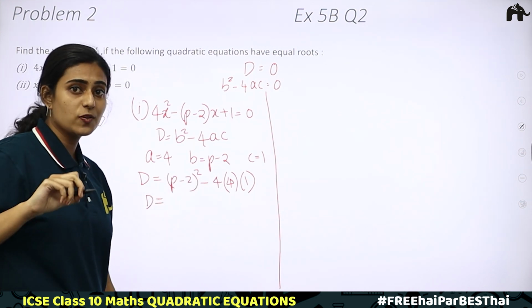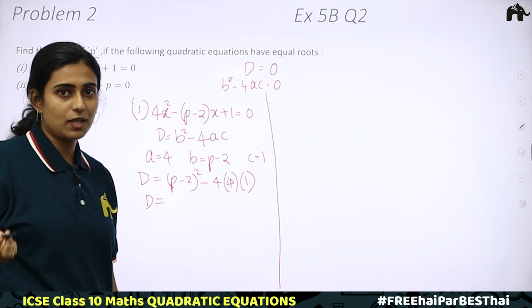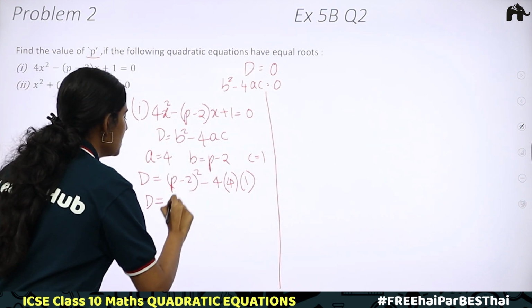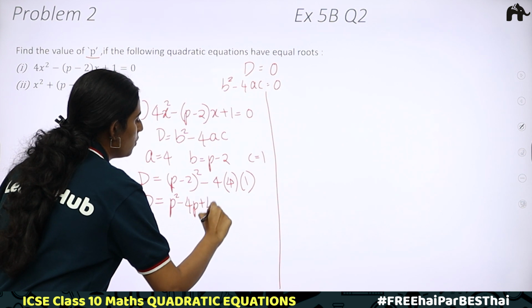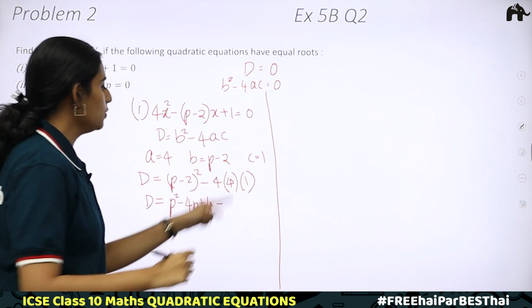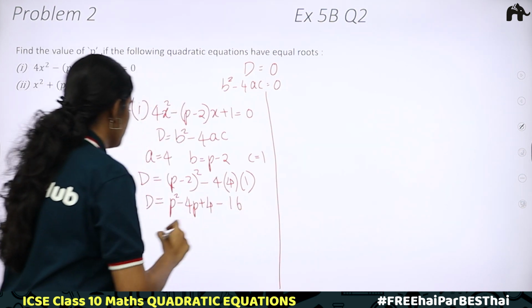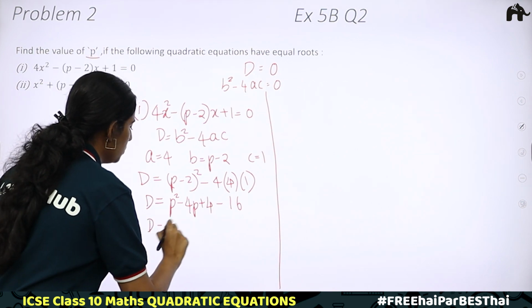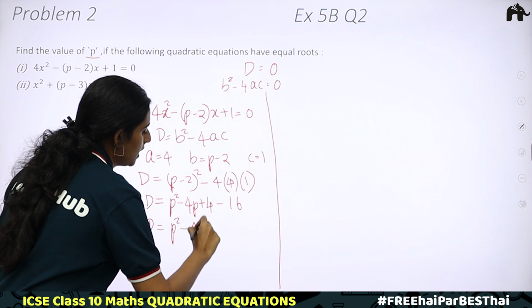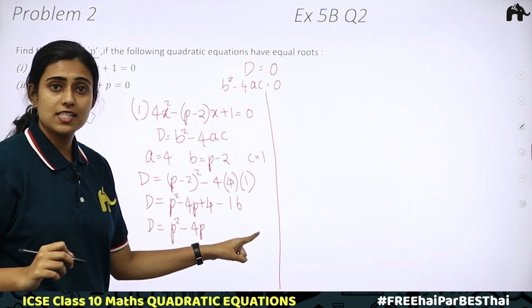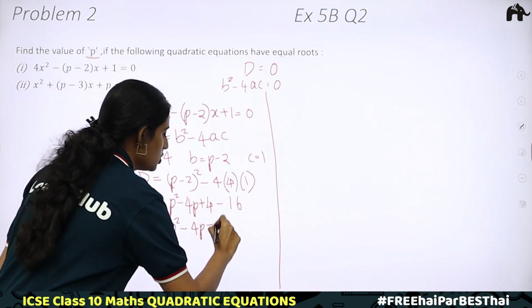(A minus B) whole square is equal to A square minus 2AB plus B square. That is P square minus 4P plus 4 minus 4 into 4, 16. D is equal to P square minus 4P plus 4 minus 16, minus 12.